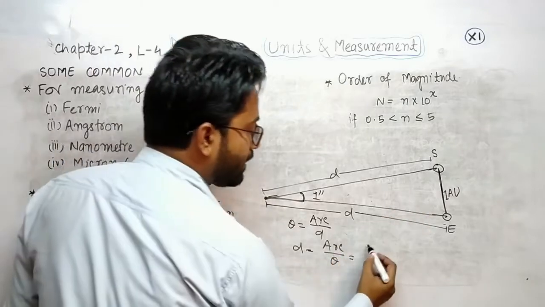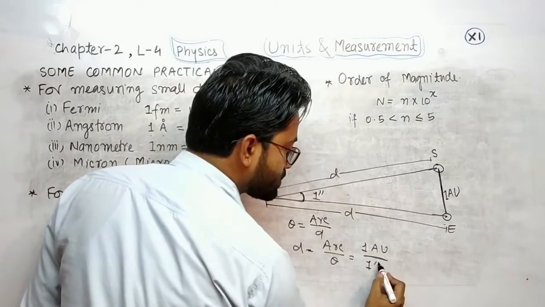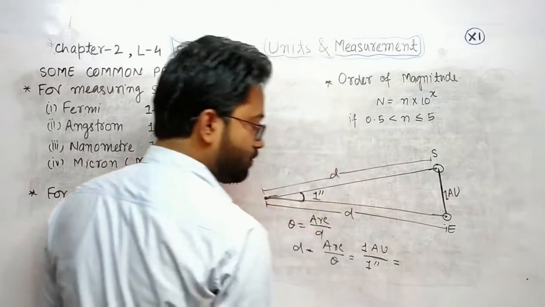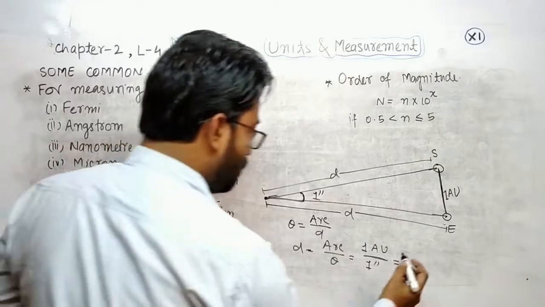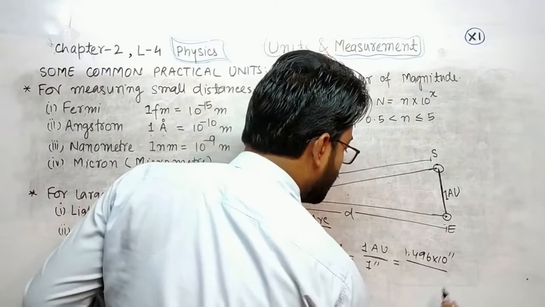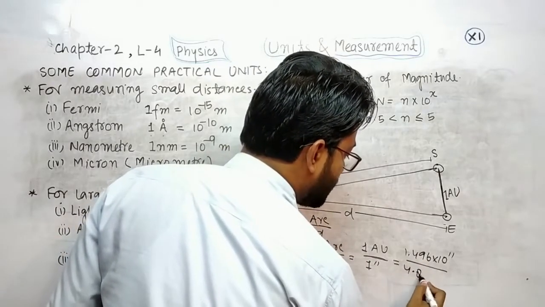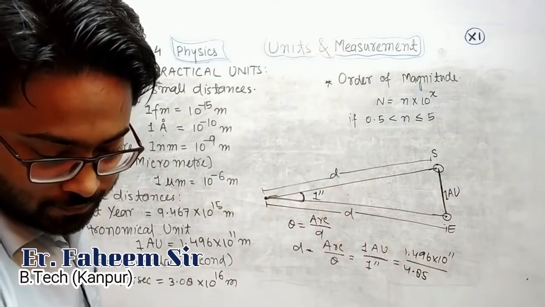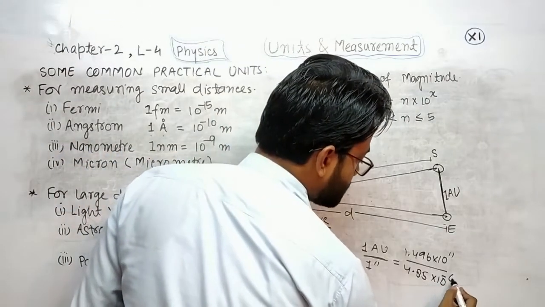If you put arc as 1 astronomical unit and angle as 1 second, then you will have 1.496 into 10 to the power 11 upon 4.85 into 10 to the power minus 6.